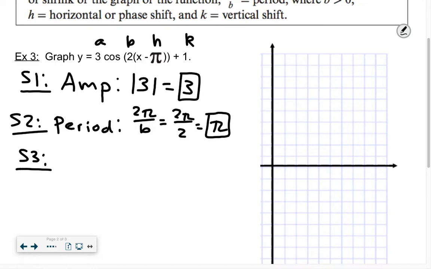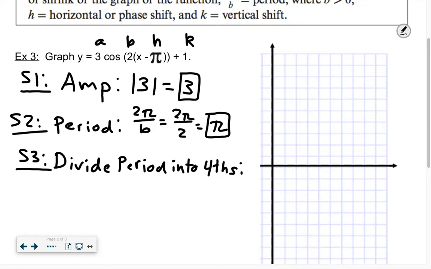Step 3, divide the period into four. What number do we always start with? 0, right? Save that for a little bit. And what do we always finish with?